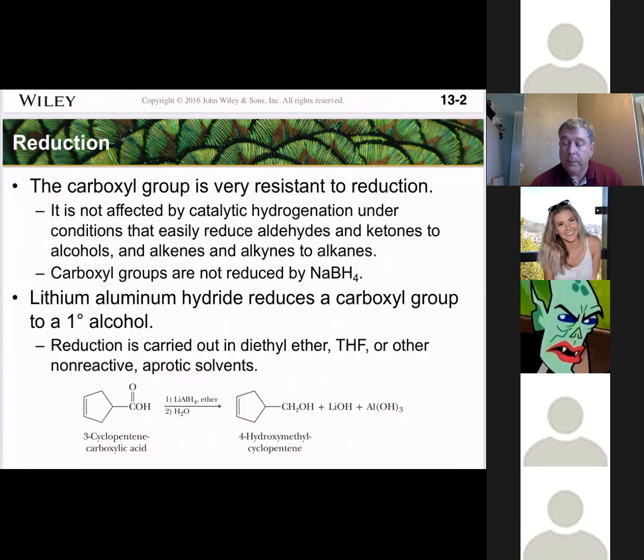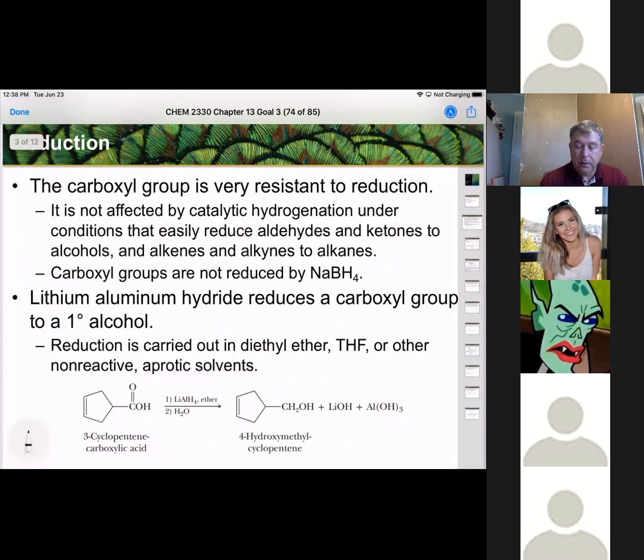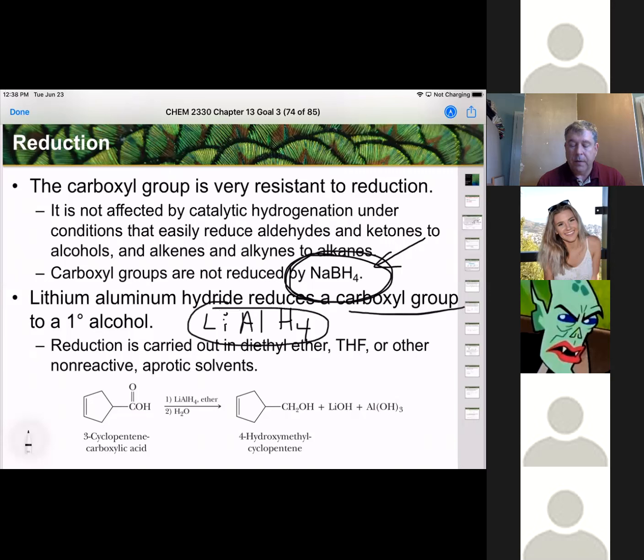However, the other reagent we learned about in the last chapter is lithium aluminum hydride. This was the stronger one. If we have an aldehyde or a ketone and we just want to reduce that, we can use either reagent. But if we want to reduce our carboxylic acid group, we have to use lithium aluminum hydride.